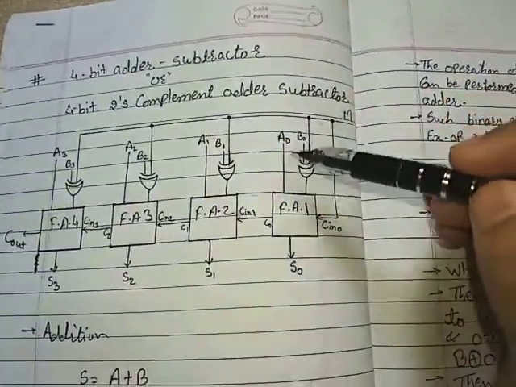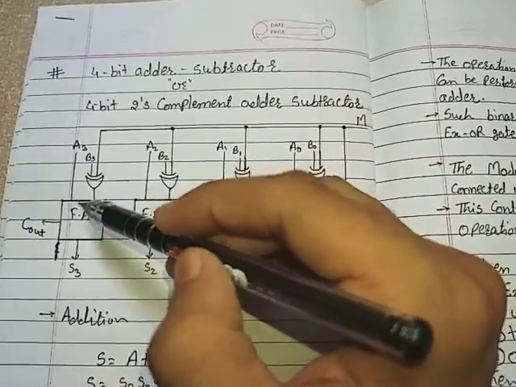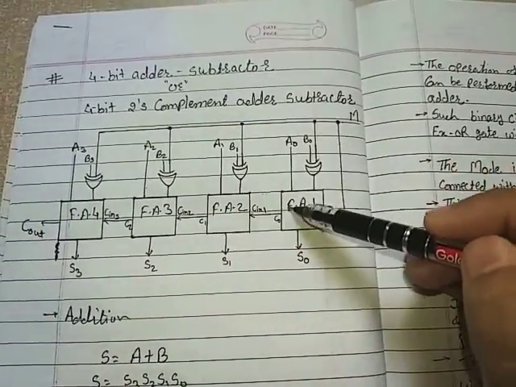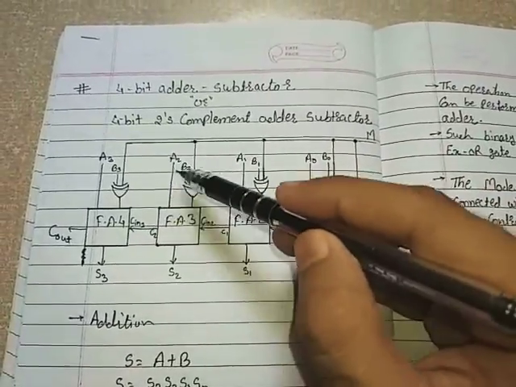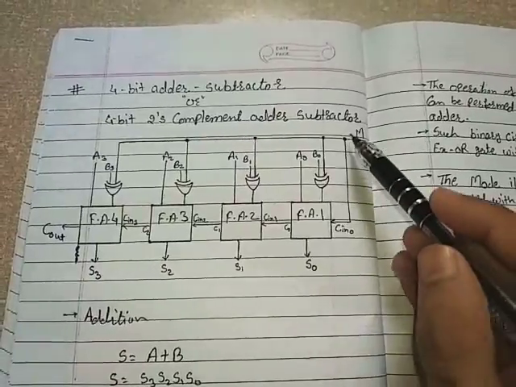So for the full adders, the inputs will be A0, B0, A1, B1, A2, B2, A3, B3, and Cin 0 will be 0.